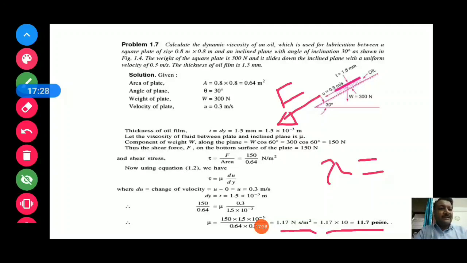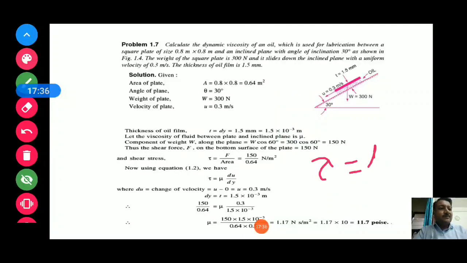Then by using Newton's law of viscosity, tau is equal to mu du by dy, you can find the value of dynamic viscosity. So you know the tau, you know du and dy. So this is the application of Newton's law of viscosity. Now we go for the next example.